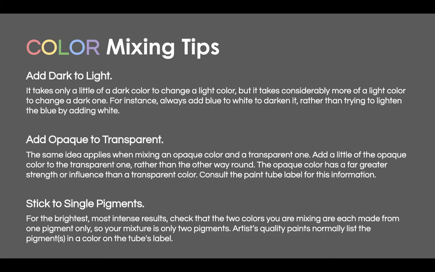Also on your paint tube label will be the number of pigments or type of pigments that are used in the paint you are working with. In general, for the brightest, most intense colors, you want to stick with as few pigments as possible.